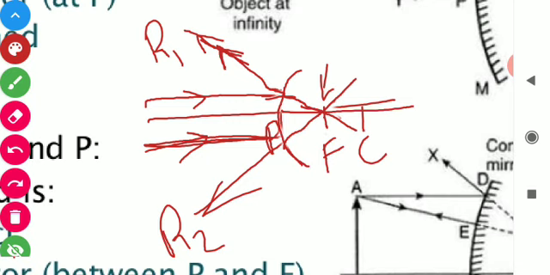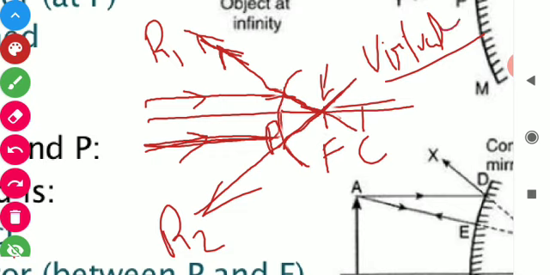But as we know, the nature of the image will be virtual. As I told you in the previous video, when we draw the image by backtracking the two lines, the image formed is the virtual image.